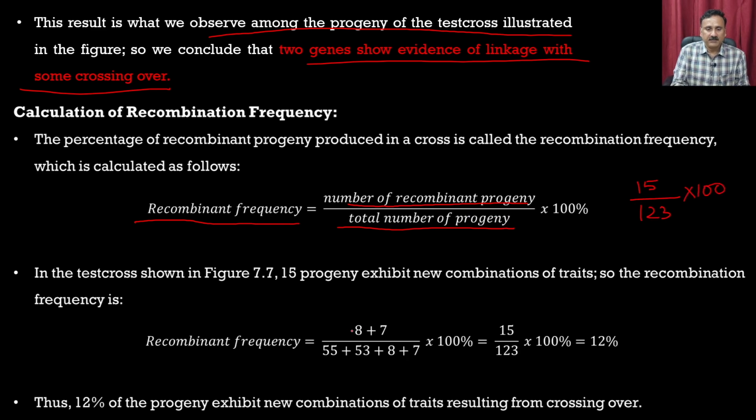So 15 is the recombinant number, and when you calculate, 12% is the recombination frequency. This is very simple and very easy.